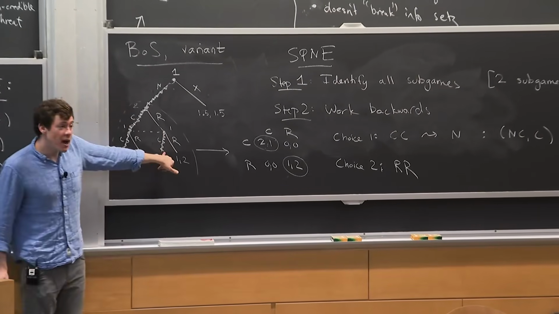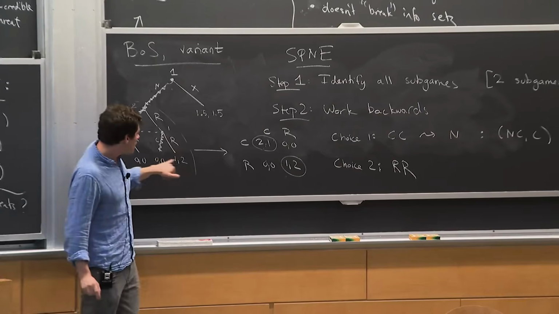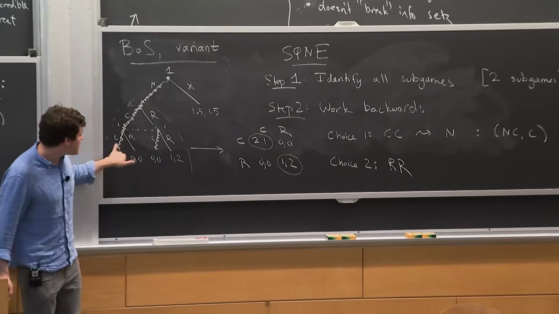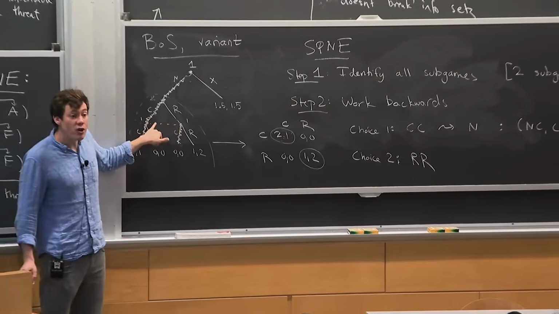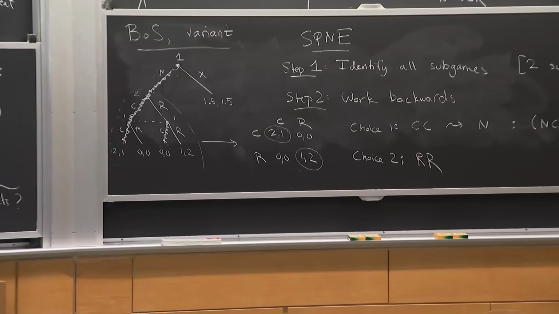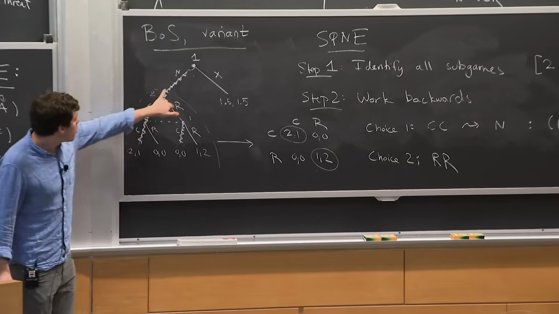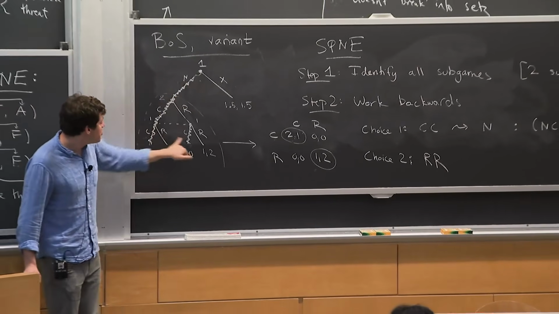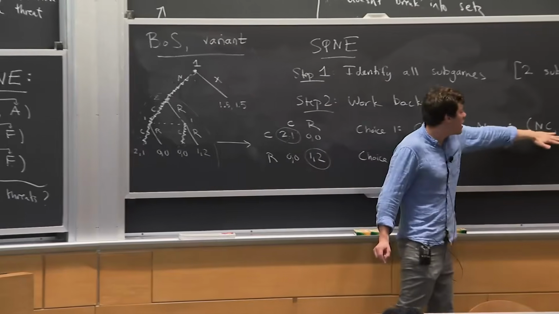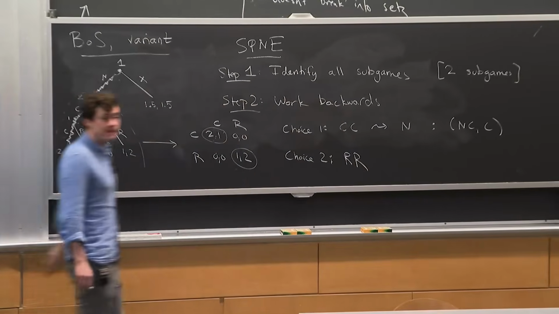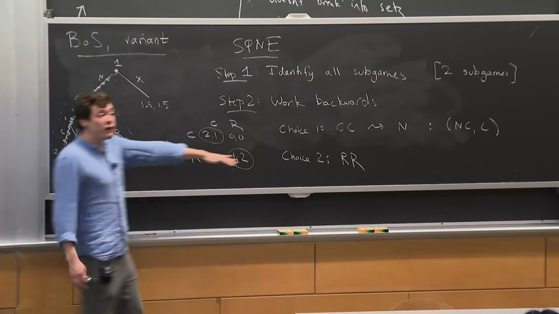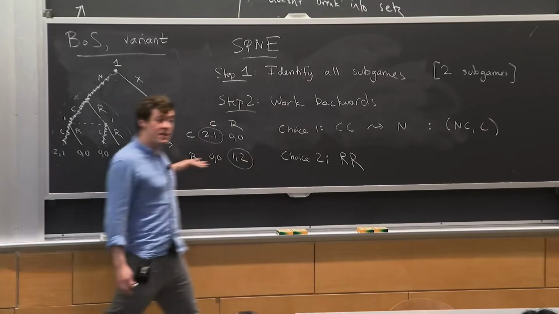Even though it doesn't affect payoffs, remember, if player 1 is choosing C, then they're choosing C. They have to make the same choice at every node of their information set. So I should have highlighted this. Let me make that clear. So player 1 chooses N here. They choose C at this information set. So we get NC as the strategy for player 1. And then for player 2, we just get C. Now let's go through the same procedure, making a different choice of our equilibrium in this subgame.